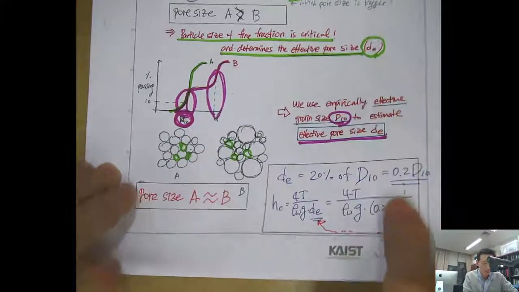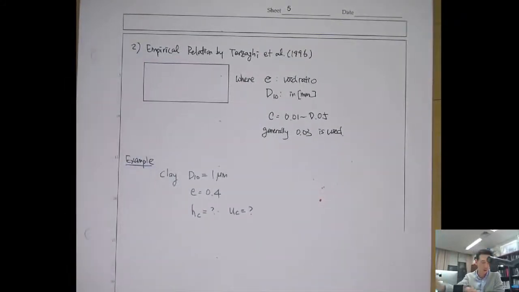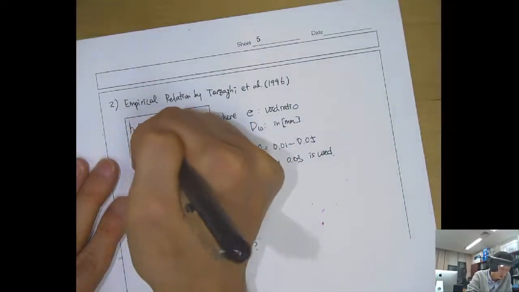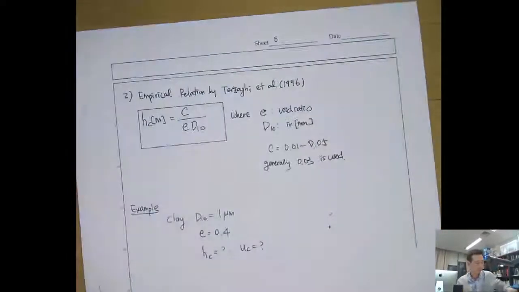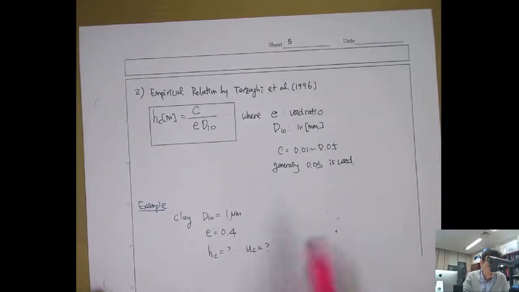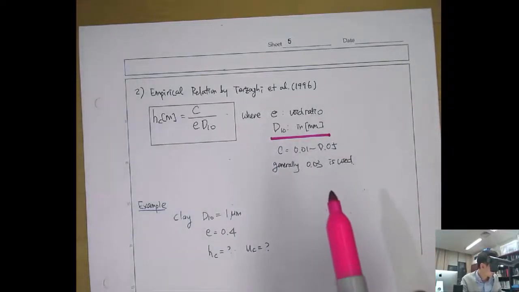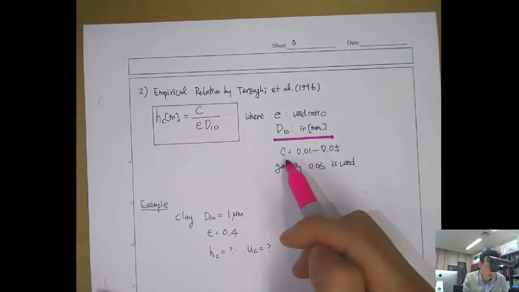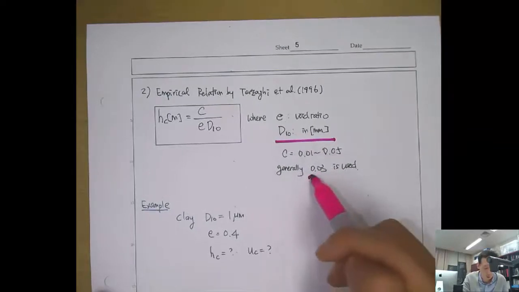Okay, then the second widely used one is the empirical relation by Tae-Hyuk et al. Here HC in meter is C over e D10. You can see D10 is in meter, which is also the effective grain diameter. e is the void ratio, and C is just a coefficient that ranges from 0.01 to 0.05. Generally 0.03 is used.